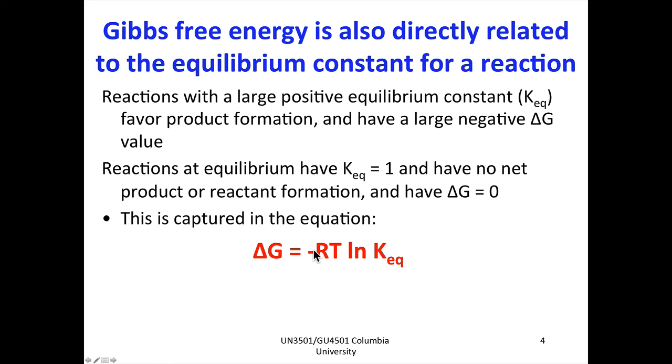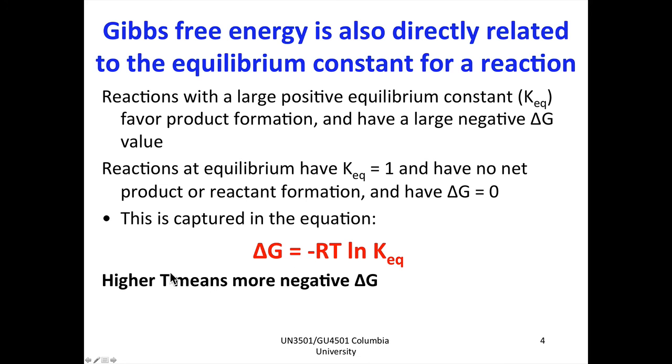And when we multiply RT times 0, we get a delta G of 0. So in other words, when we have an equilibrium constant of 1, the natural log of 1 is 0, and so the delta G value for that reaction is 0. No change in Gibbs free energy. So that's an important relationship to remember.